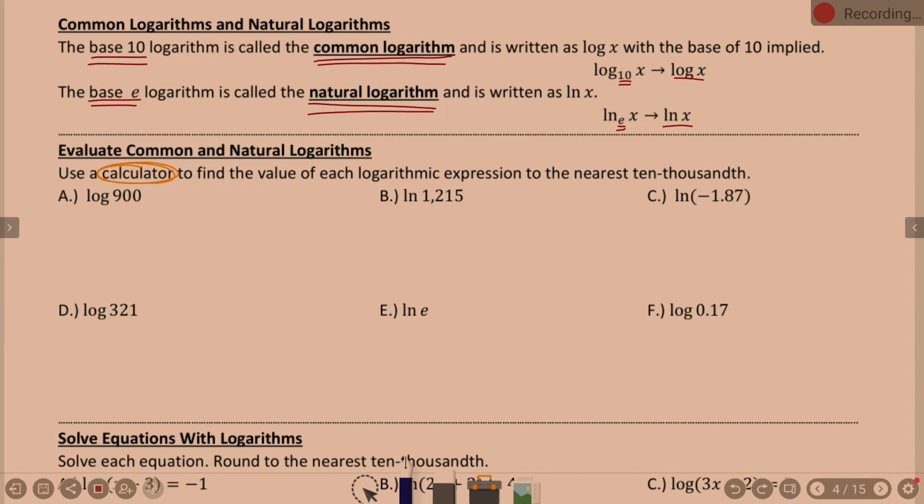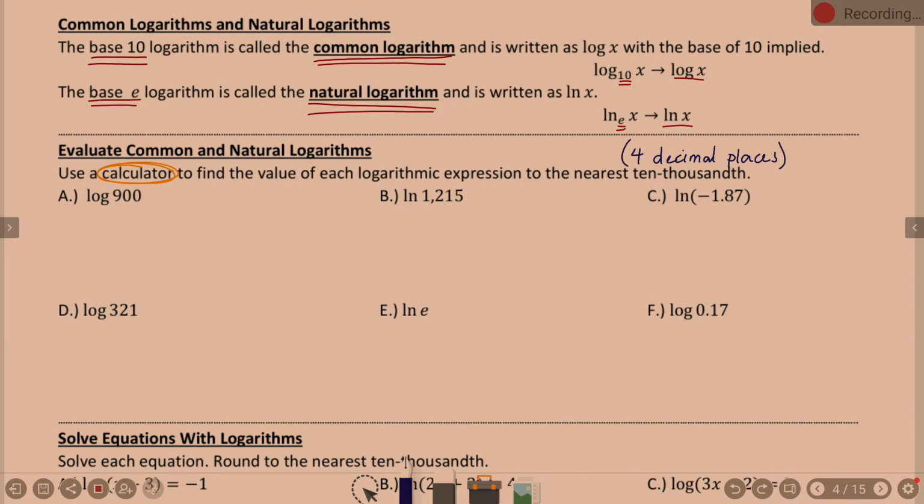Count with me. Tenths, hundredths, thousandths, ten-thousandths. 4 numbers. So how many decimal places do we have? 4. When it says ten-thousandths, this is 4 decimal places.